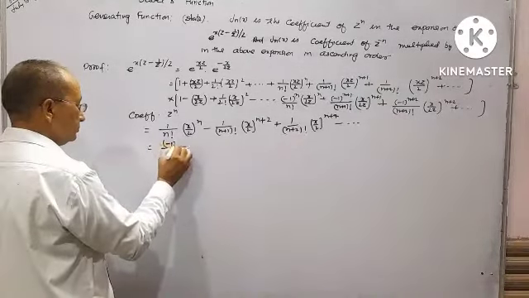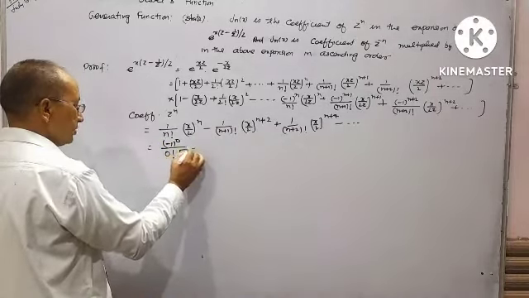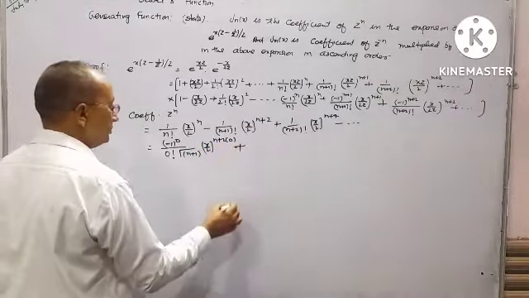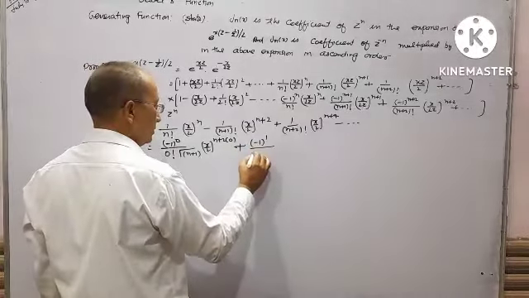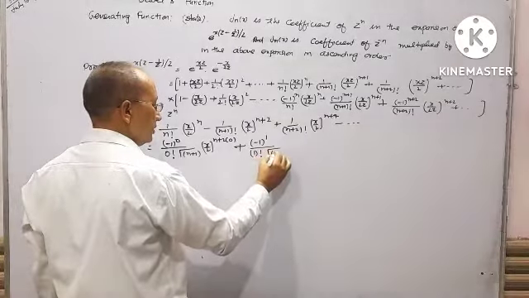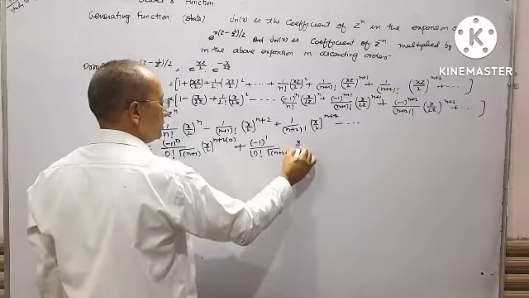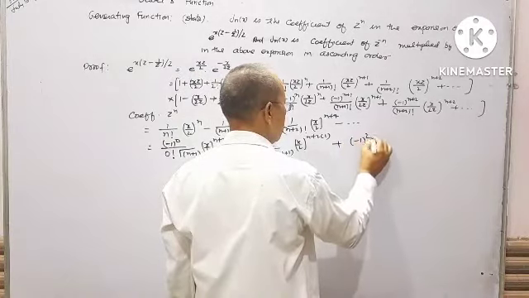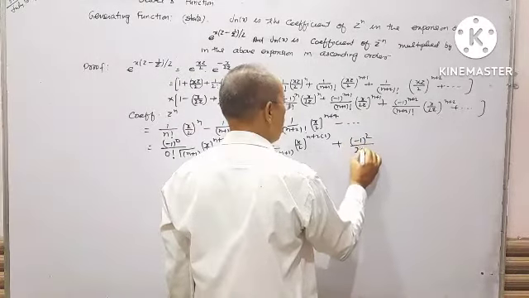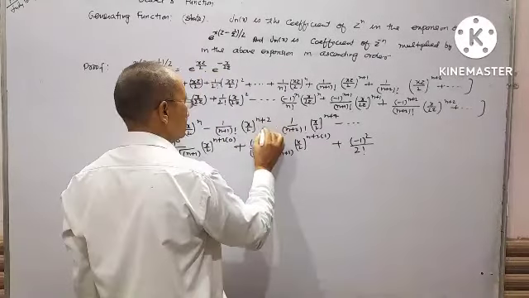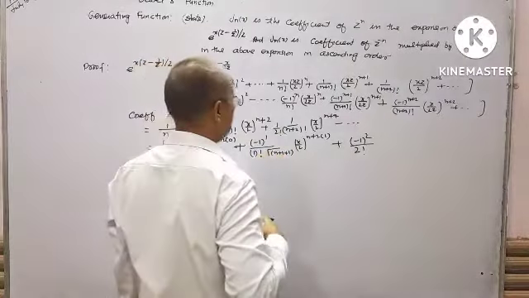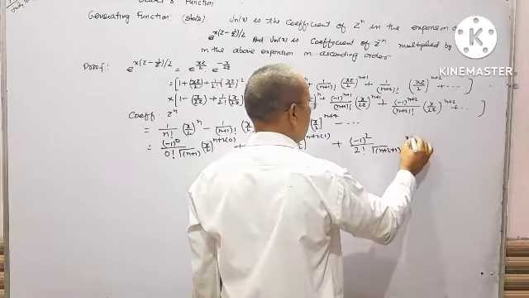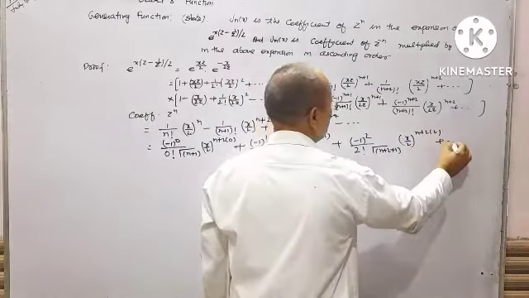minus 1 to the power 0 upon factorial 0 gamma n plus 1, (x/2)^(n+2·0), plus minus 1 to the power 1 upon factorial 1 gamma n plus 1 plus 1, (x/2)^(n+2·1), plus minus 1 to the power 2 upon factorial 2 gamma n plus 2 plus 1, (x/2)^(n+2·2), plus and so on.